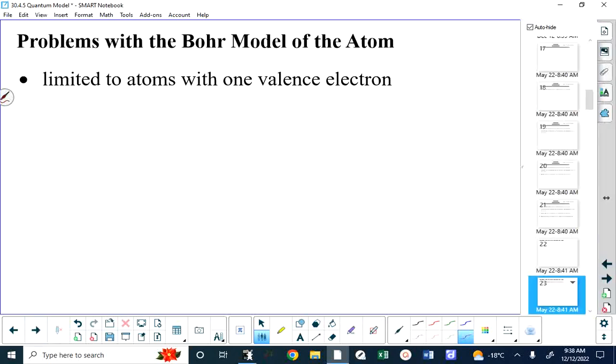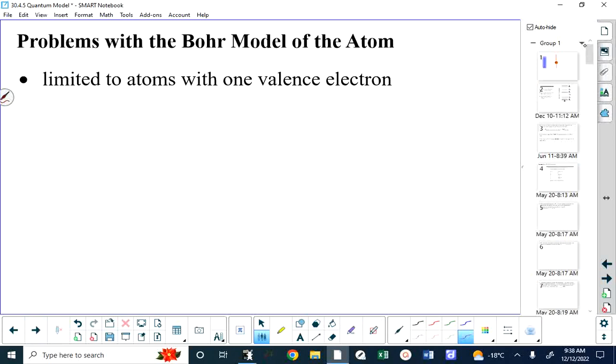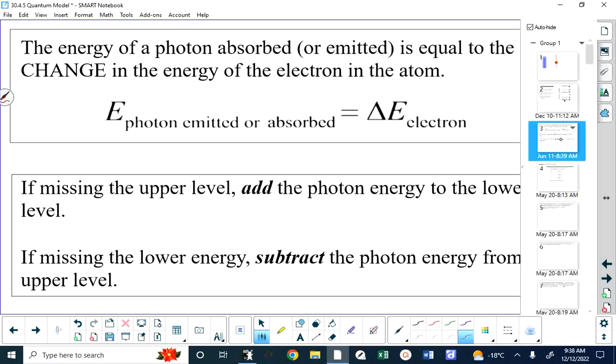However, I want to be very cautious here. This idea that electrons in atoms go from higher to lower or lower to higher energy levels and a photon energy is involved, that is true for all of the atoms. It's just that the energy levels don't have values in eV or joules that are easily found by Bohr.